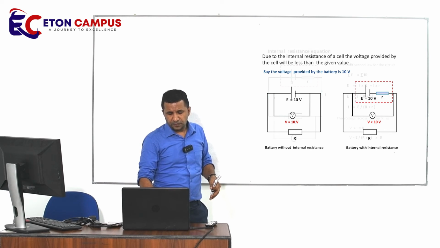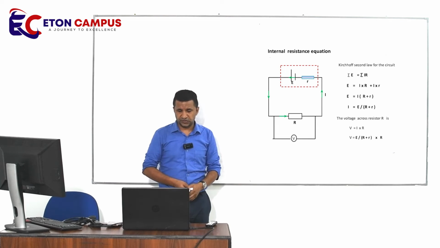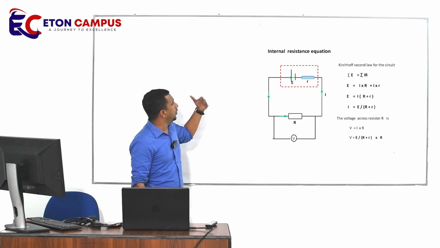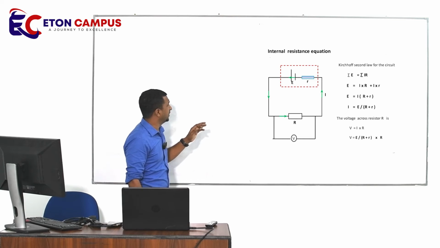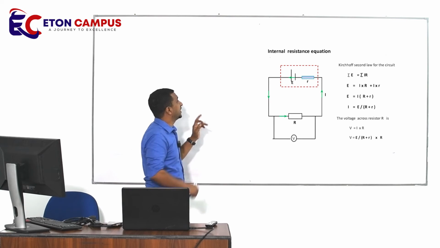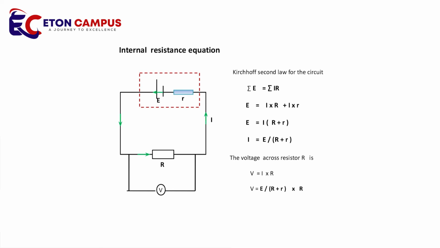Now, we are going to derive the internal resistance equation. You see that square dash box; that whole dash box indicates the battery. For our convenience, I have drawn the resistance outside the battery, because the battery is indicated by the long line and the short line, but in reality it should be inside.